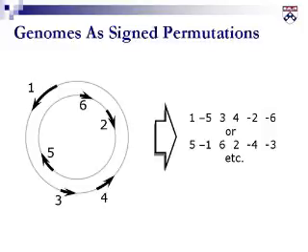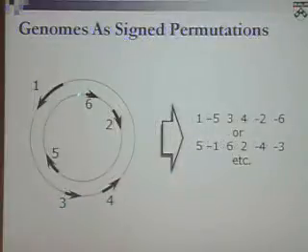To formalize the problem, we can abstract a genome like this. We have two concentric circles corresponding to the two DNA strands, and the arrows represent the locations of genes, and here they are labeled. You can start from any gene and go in either direction and write down the orders of the gene labels, and you can put signs in front of them to indicate which of the two strands they're on.